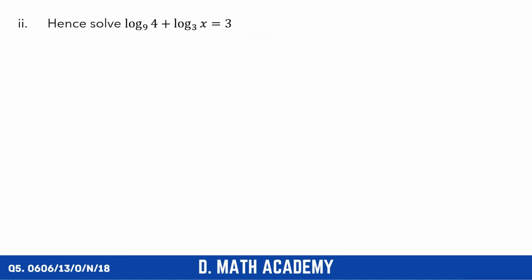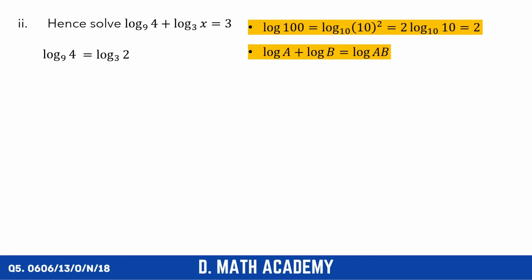Moving on to part 2, hence solve log with a base of 9, 4 plus log with a base of 3, x equals to 3. So I list down the rules that are applicable here on the right hand side.